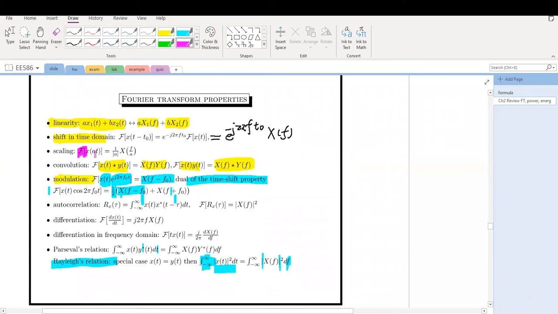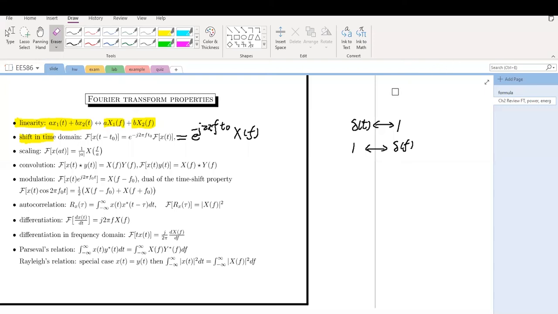You can see the scaling factors in the time domain and frequency domain are inverse. So if the time is scaled by a, the frequency domain is scaled by 1 over a. The properties of the Fourier transform give us more tools to obtain more Fourier transform pairs.